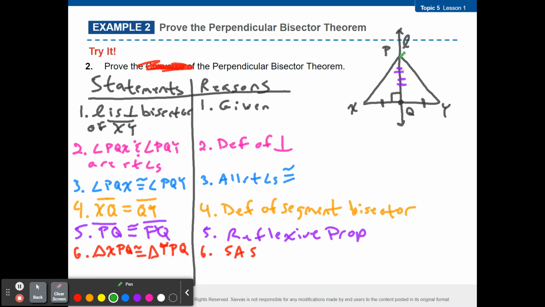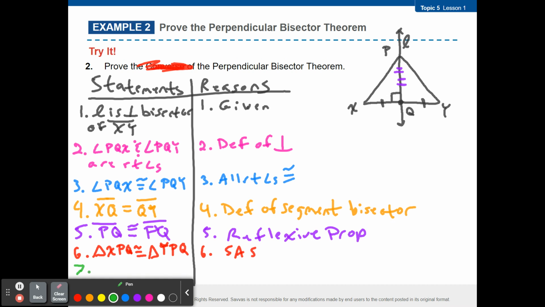And now we're trying to prove that PX and PY are equal, not necessarily congruent, but equal. But we still have to use congruency because we're using CPCTC. All right, corresponding parts of congruent triangles are congruent.